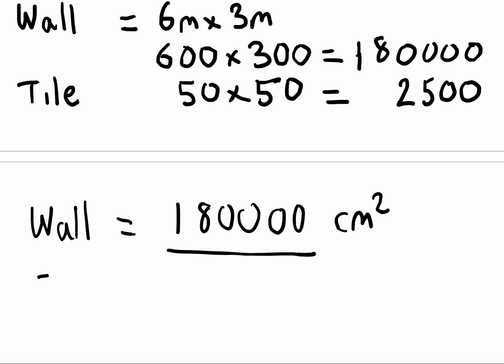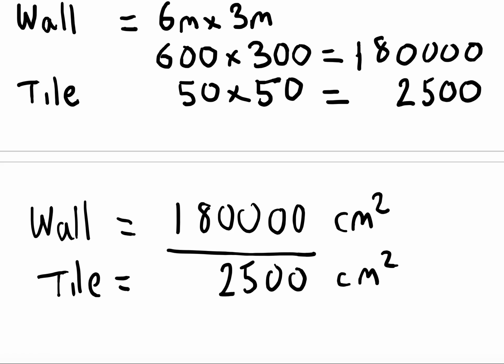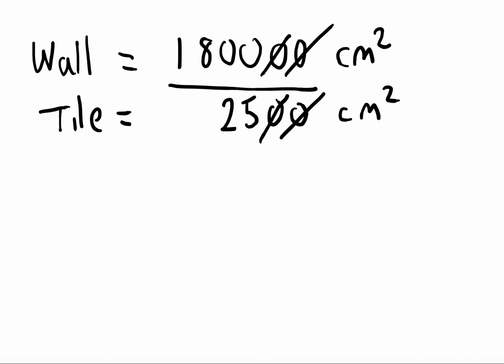The tile equals 2,500. So if we divide it, and what we can do when we're dividing, seeing how many tiles are on the wall, we can get rid of the zeros. 2 off the bottom, 2 off the top. So now I'm just going to scroll down a little bit further.